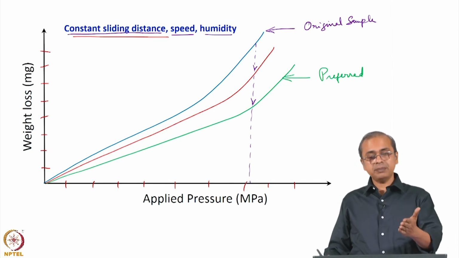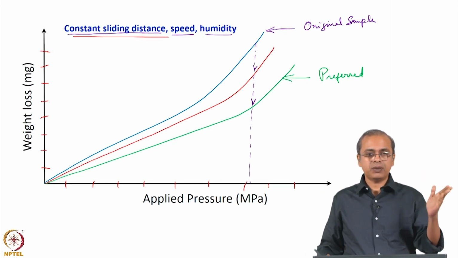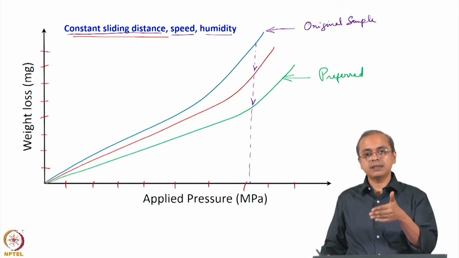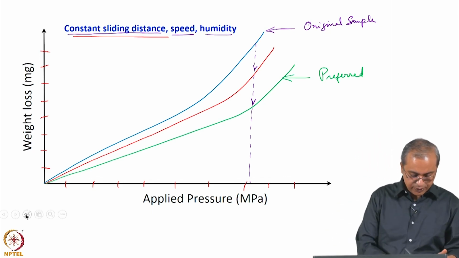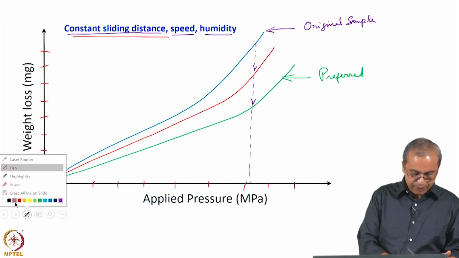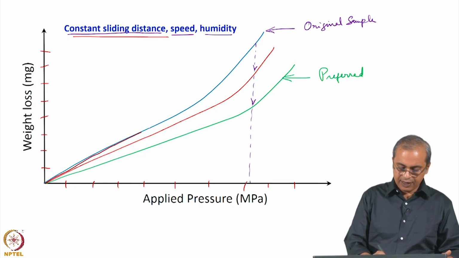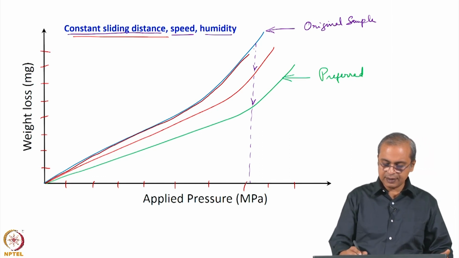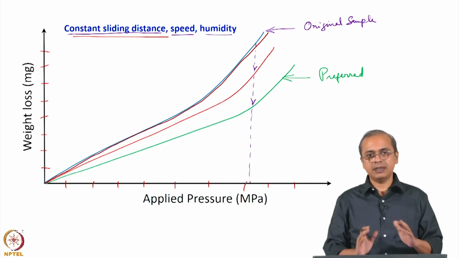So, sometimes in some systems when you go from, say, the macro scale to the nanoscale, you may see a behavior that looks like this. On the other hand, you may also have a situation where they actually overlay. So, in which case you are not really seeing any improvement. So, let us say that blue line was your original sample, and after you have done all the testing it looks like this, essentially within the range of the noise.